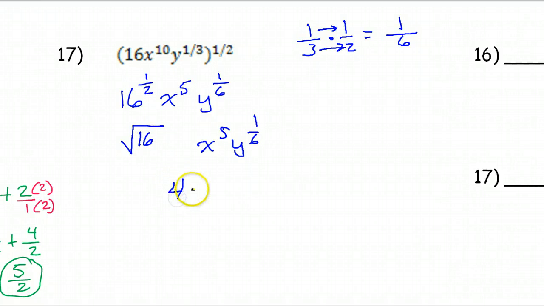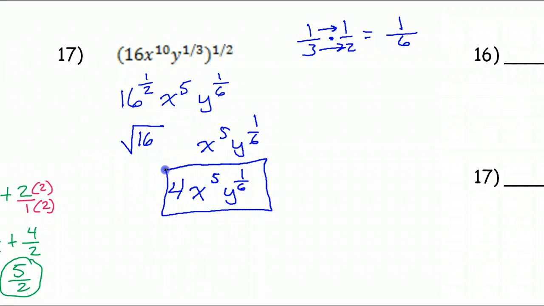So I will have simply 4 x to the 5th y to the 1/6 power. And that will be your final answer. And it's the square root because this 2 is the root and the second root is the square root.